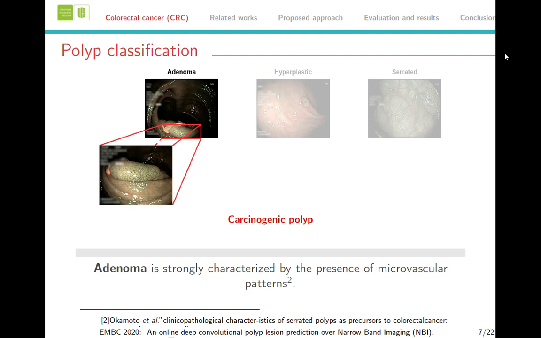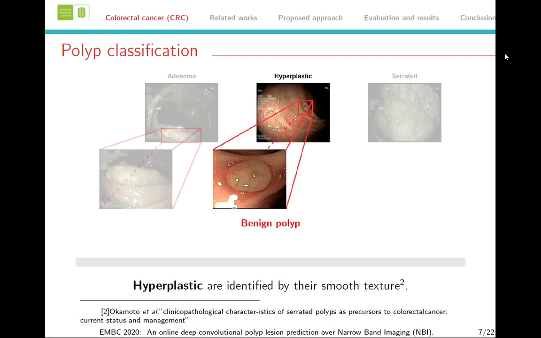The adenoma type, carcinogenic in nature, is strongly characterized by the presence of microvascular patterns. Hyperplastic polyps, benign in nature, are identified by their smooth texture.